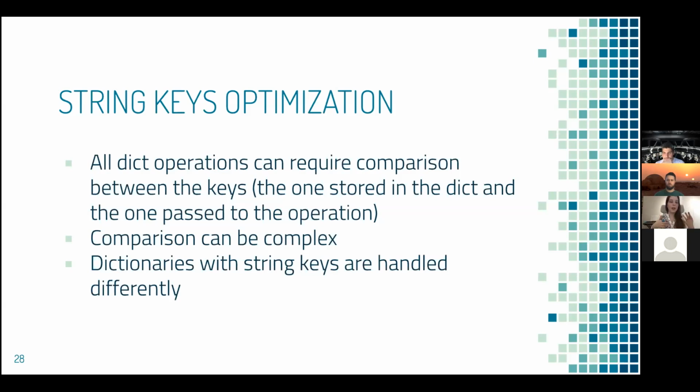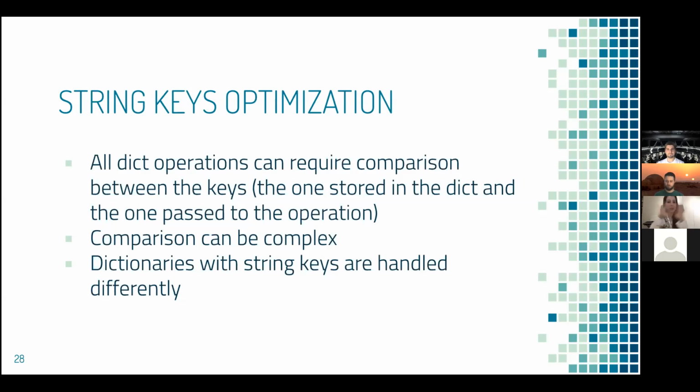Now, comparison of two random Python objects is actually quite complex, because you have to take the first object, fetch the equality method, call it with this other object, and check if it's defined. This can raise an exception. If it's not defined, you have to fetch the equality method of the other object and call it with this one.